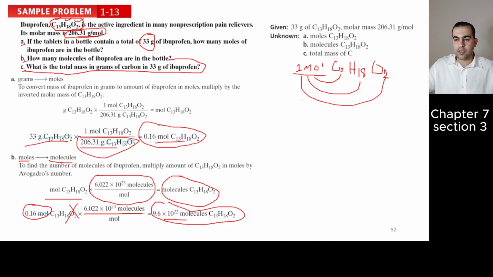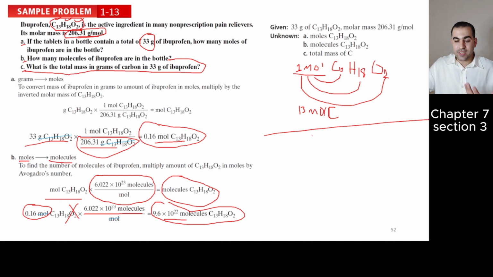How many carbon do we have? We have 13 moles of carbon. How many moles of hydrogen? Again, 18 moles of hydrogen, and 2 moles of oxygen, in 1 mole of ibuprofen.